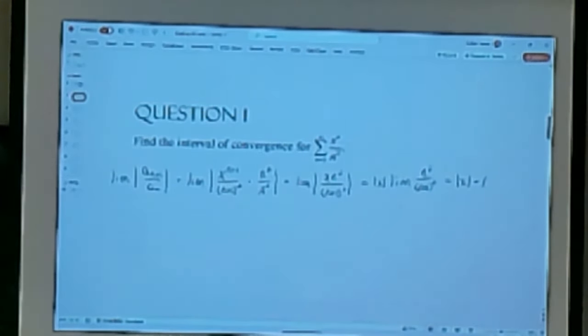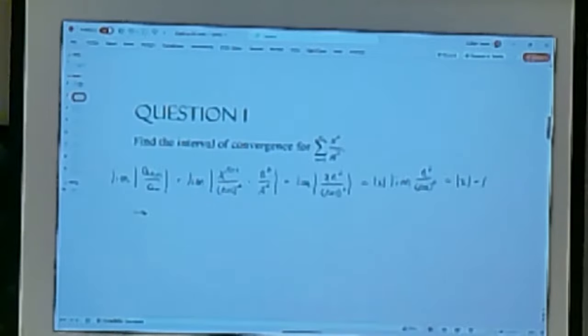But remember, the ratio test also said if it equals 1, it was inconclusive. It could converge or diverge, which is why we need to check the endpoints. There's another way of writing absolute value of x is less than 1. Do you remember the interpretation of that from pre-calculus, when you studied the absolute value function?